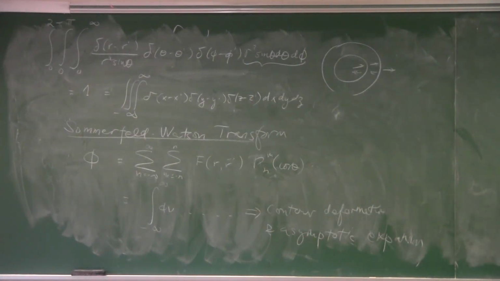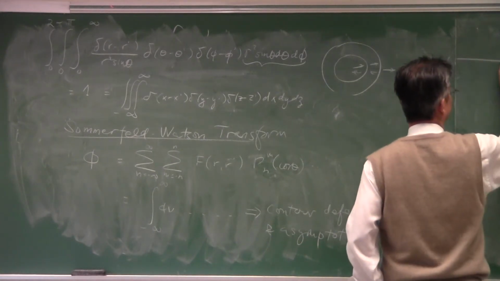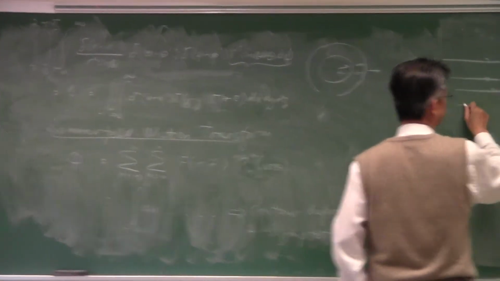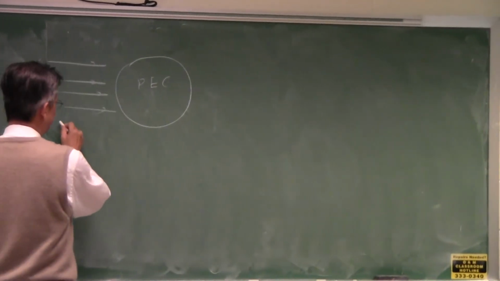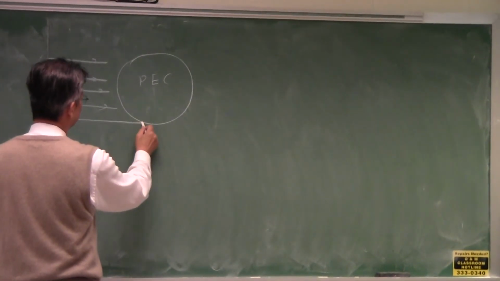The outcome is some important physical phenomena that you observe in a curved surface. If I have a perfectly electric conducting sphere and I shine a wave on top of it, and the frequency is high, I should expect ray physics to emerge.